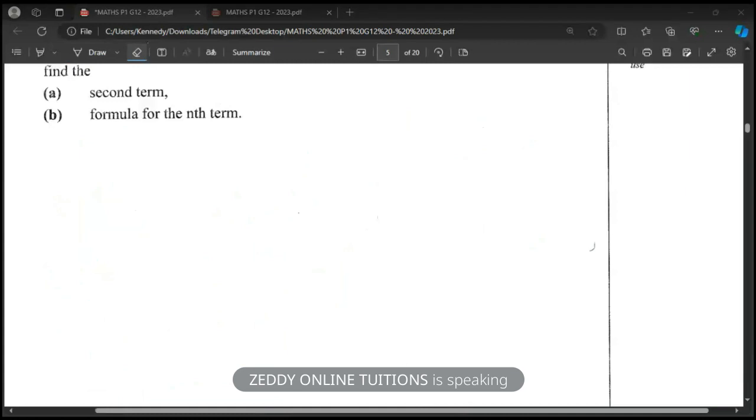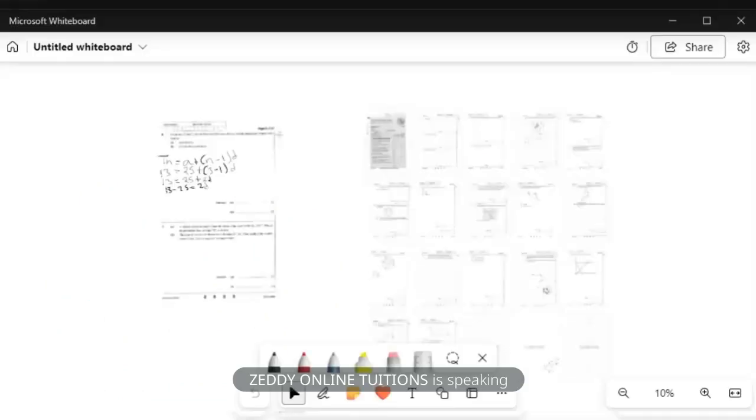Not here. Okay, let me switch my whiteboard and give you the one that is more friendly and interactive. I love this one. So are you able to see it?